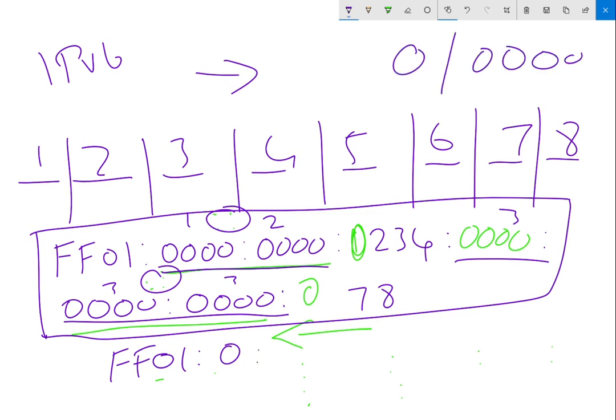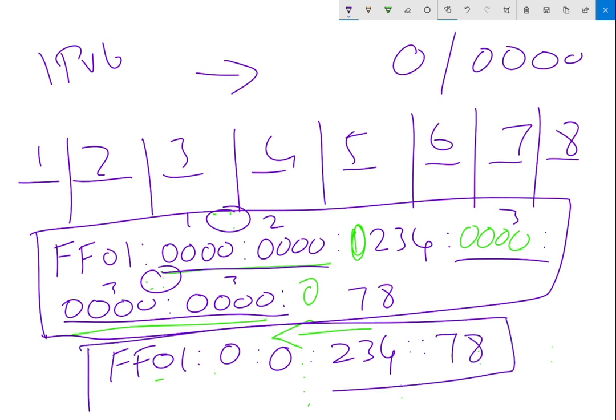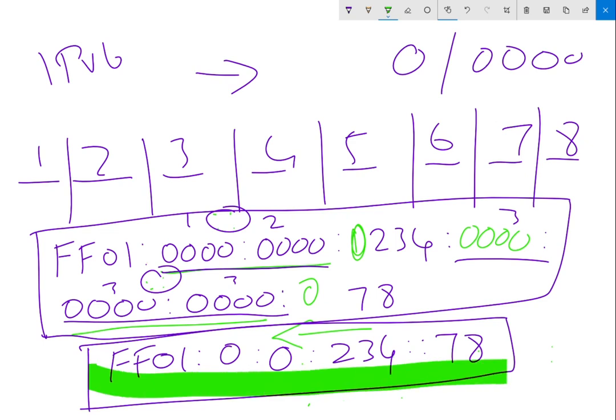So I put 0, colon, 0, colon, 234, colon. Here, instead of putting the 3 zeros, I just put double colon, okay, and then I put 78, which means this is my IP version 6.